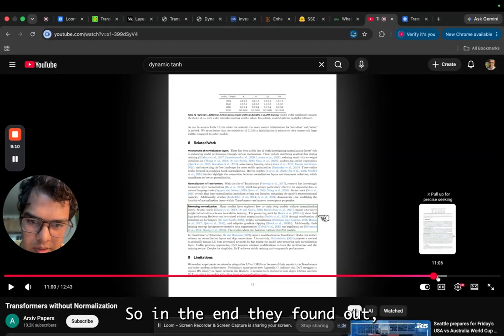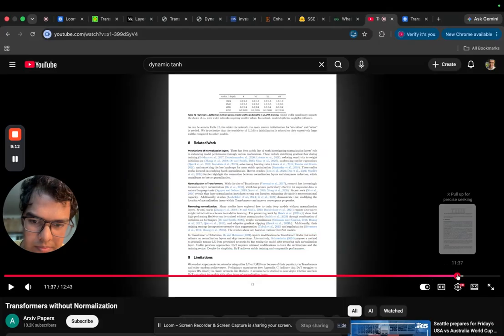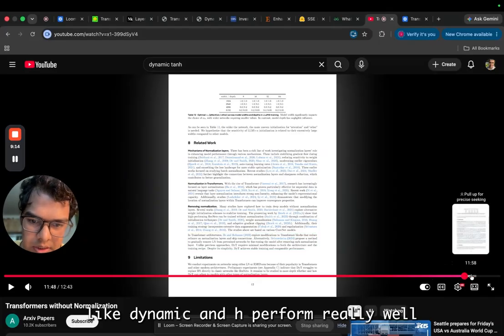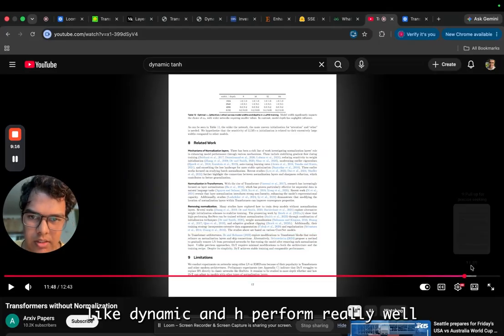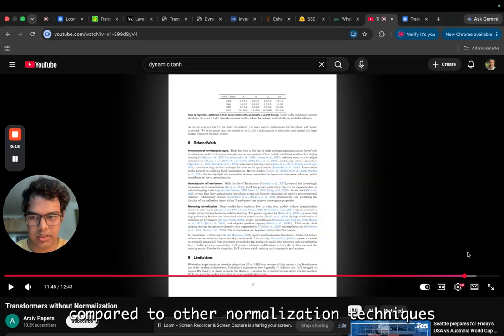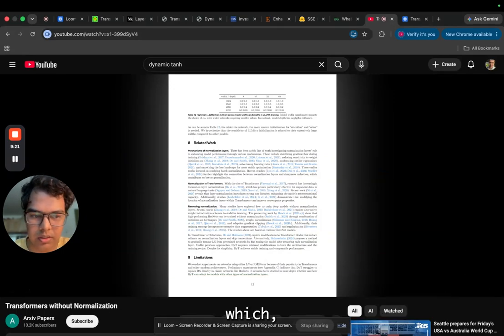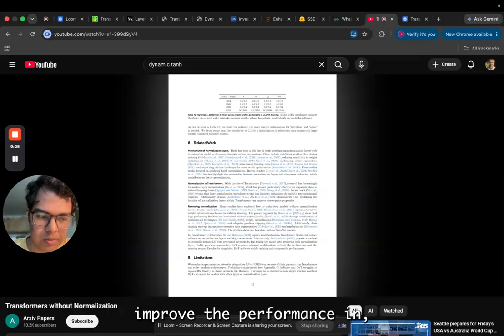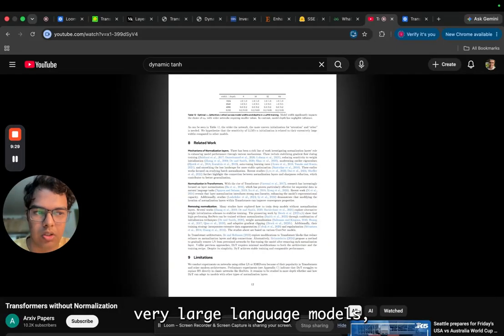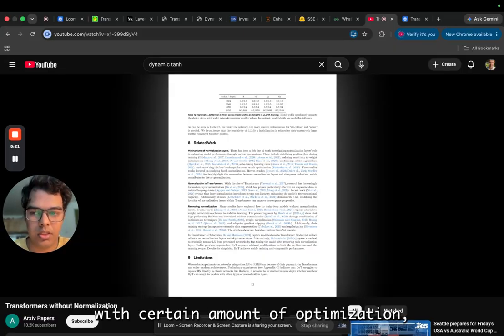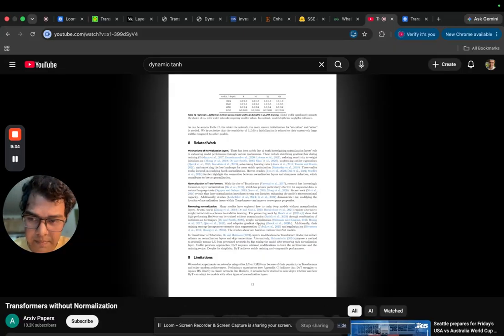In the end, they found that dynamic tanh performs really well compared to other normalization techniques, and it actually improved the performance in very large language models with a certain amount of optimization.